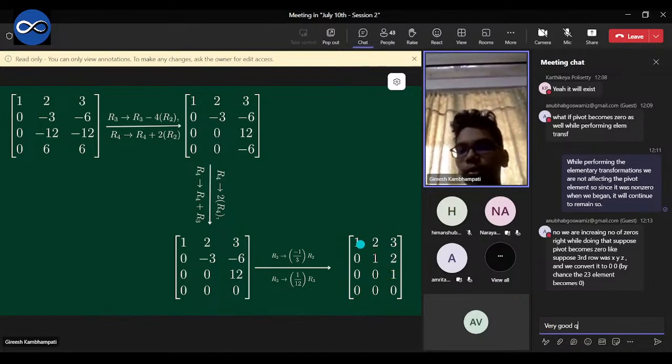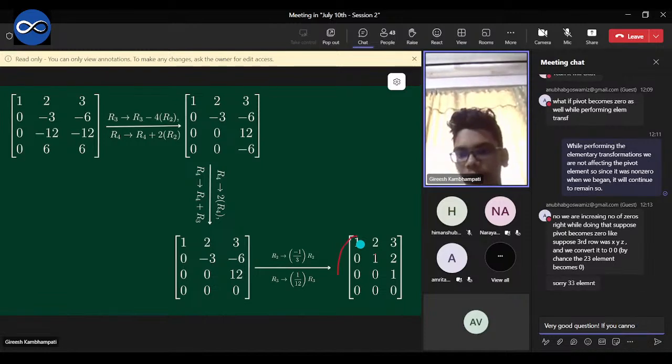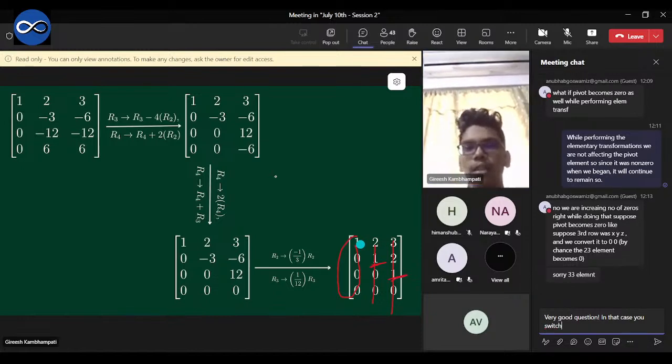So here the first element in every row is a pivot. As we already discussed, the pivotal column is the column which contains the pivot. As this is a pivot, the first column will be a pivotal column, and the second column also a pivotal column as it contains this pivot, and the third column also will be a pivotal column because it contains this pivot.